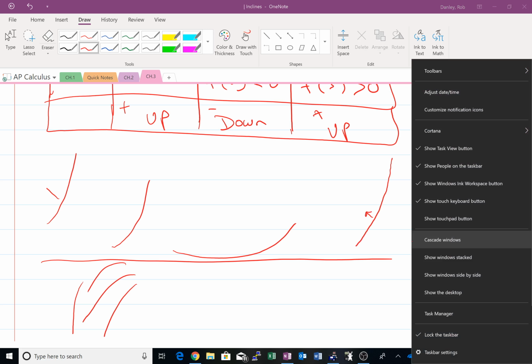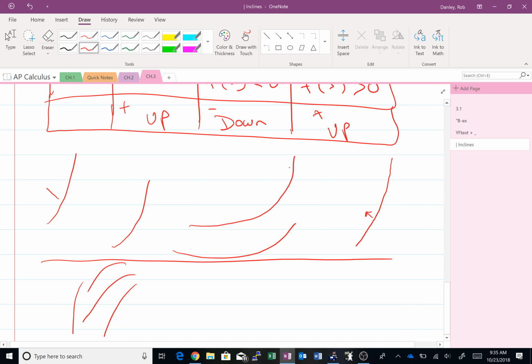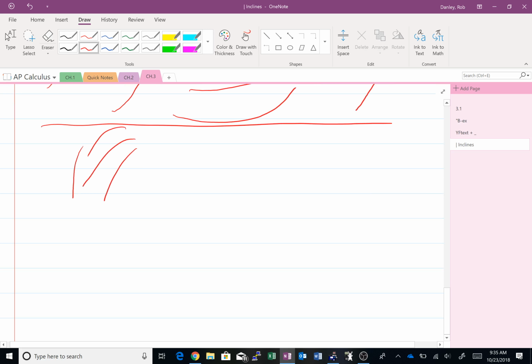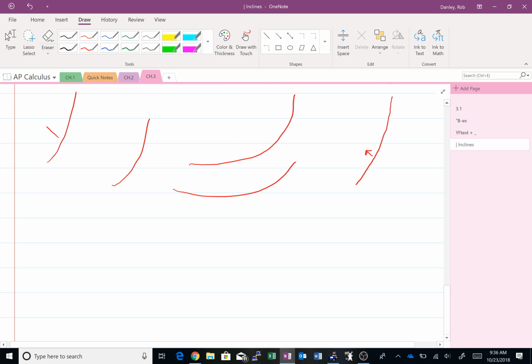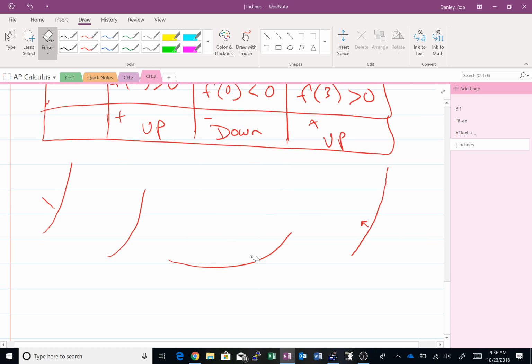Some of them are exaggerated and you can really tell they're up. Down, even if it's slight like that, is still down. Some are more exaggerated. Okay, so I don't attach matching the graph with the equation, or we go into the graph.